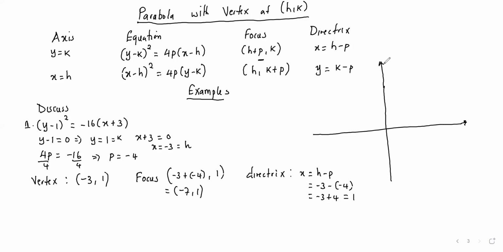So we have negative 7, comma 1, to give us the focus. And the vertex is negative 3, comma 1. So this is going to go like that. Okay, and the directrix, x is equal to 1, so it's on the right.